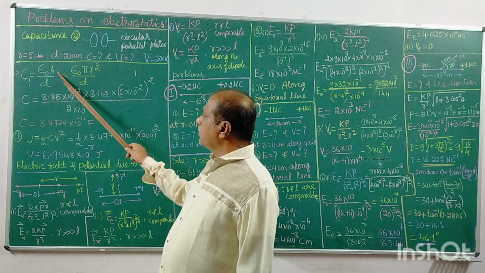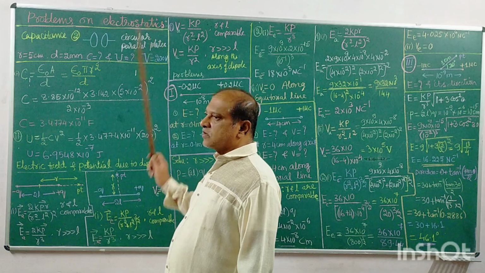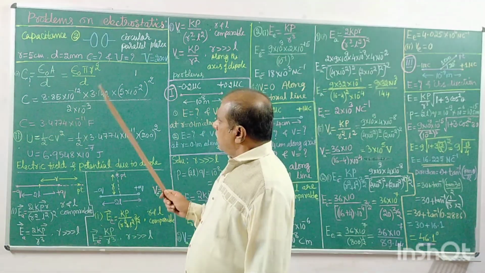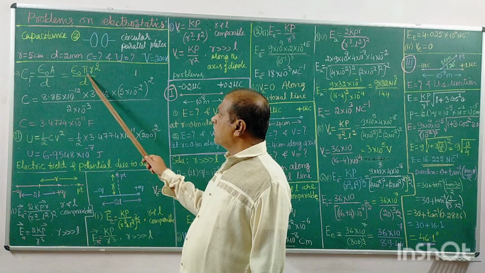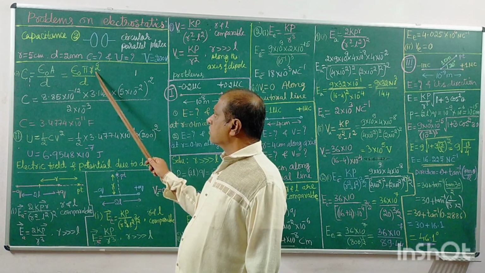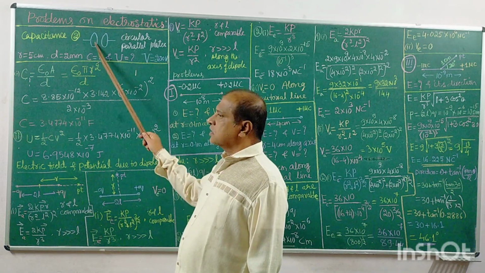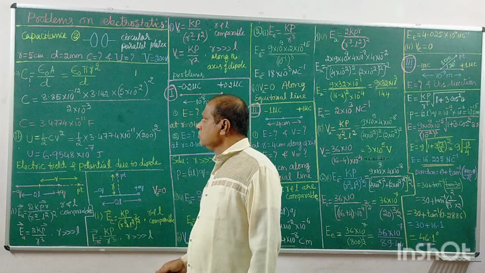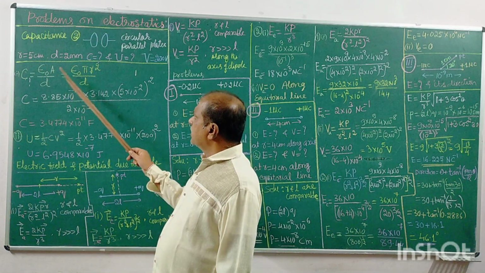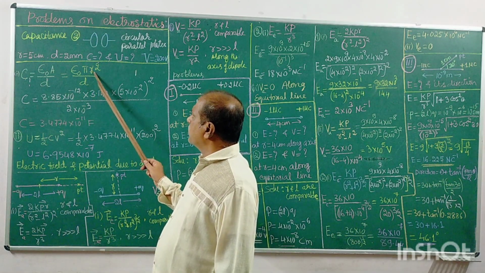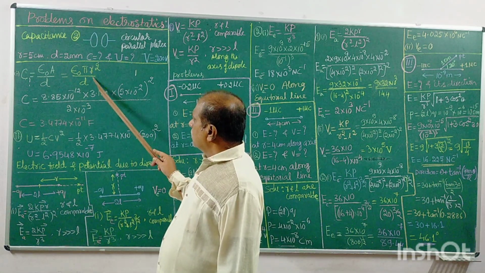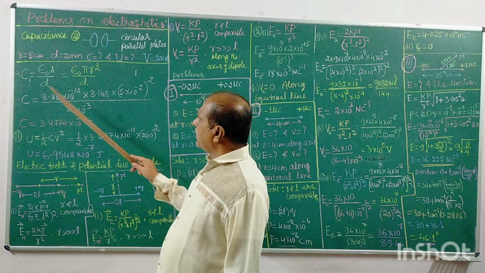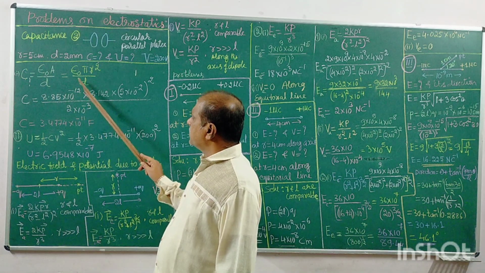But we know that the area of any circular surface is pi r square, where r is the radius of the circular surface. So write this as pi into r square because this is a circular surface. And with all this formula, finally we have arrived at this final equation.